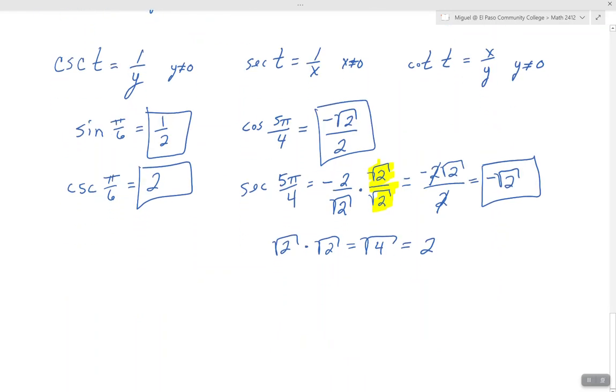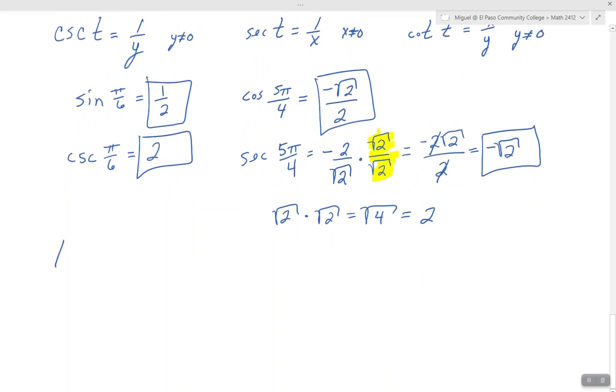So I've run out of space for tangent. Let's do it down here. Let's say tangent of y over x. Oh, this is pi. Tangent of pi is 0 over negative 1.